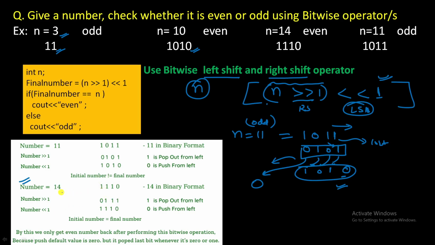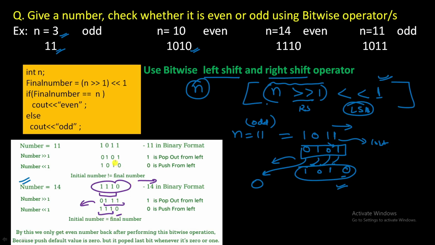Let's see. In case of the even number 14, I am shifting like this side, so this 0 will be lost. All these triple one, they came here, right? Now if we shift this side, what will happen? These 3 bits will again come at their original place, and here 0 will come.